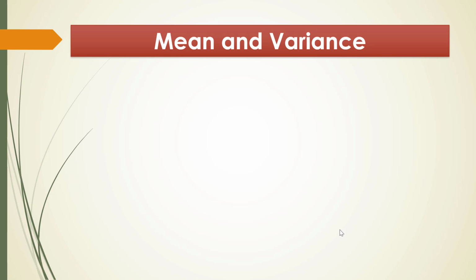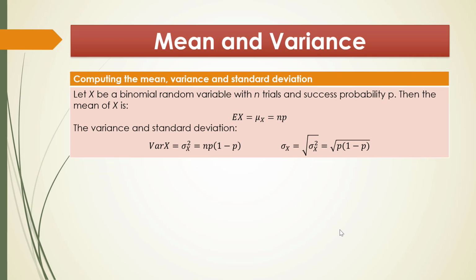Now, the lesson of today is how do we define the mean and the variance of a random variable that follows a binomial distribution. To compute the mean, there is one single formula. We basically multiply n, the number of trials, with p, the probability of success.